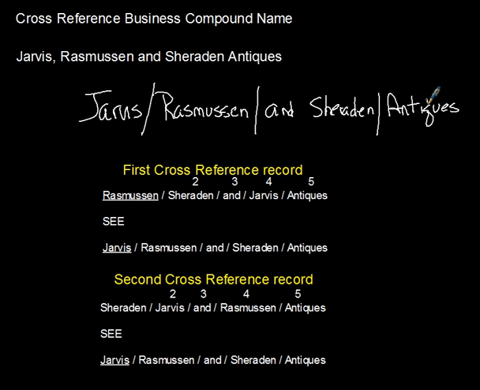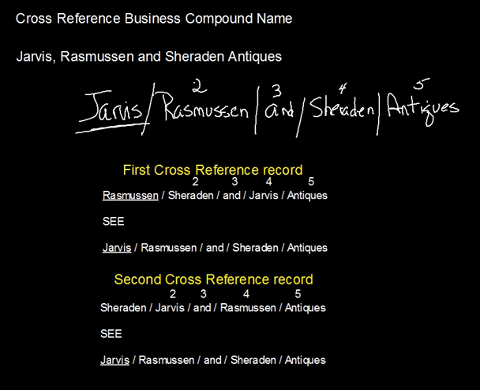And then we're going to underline our key unit. We're going to number the subsequent units 2, 3, 4, and 5. And that's a correctly coded primary record for Jarvis, Rasmussen, and Sheridan Antiques.